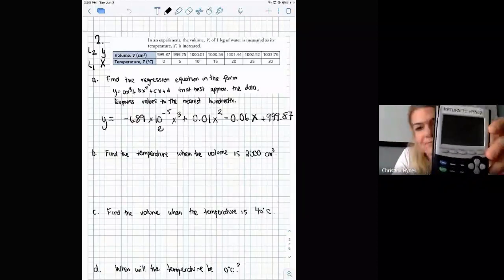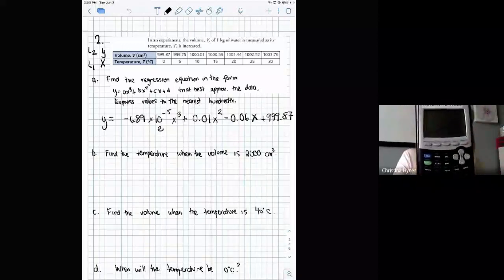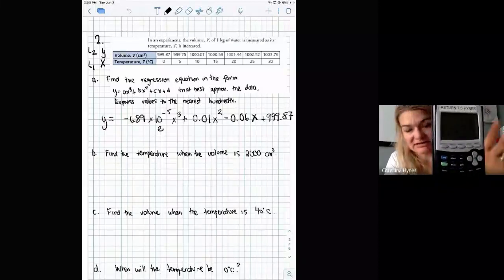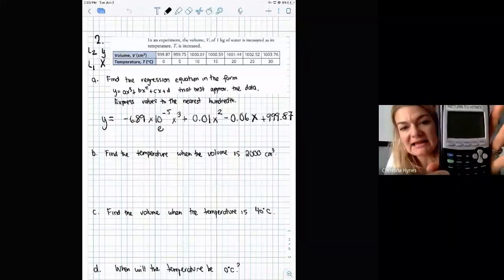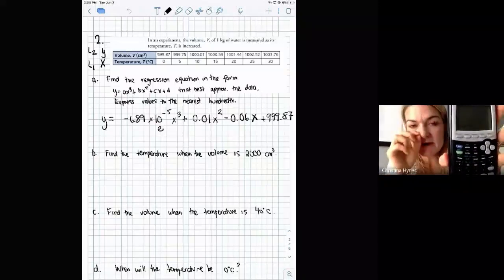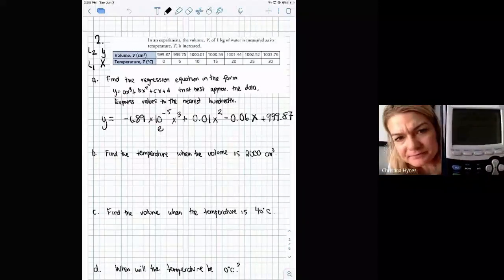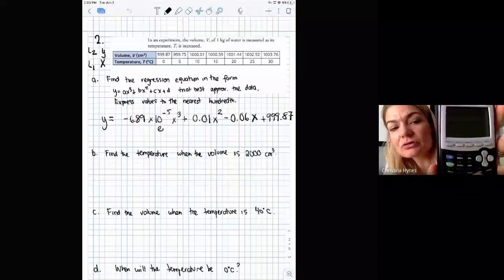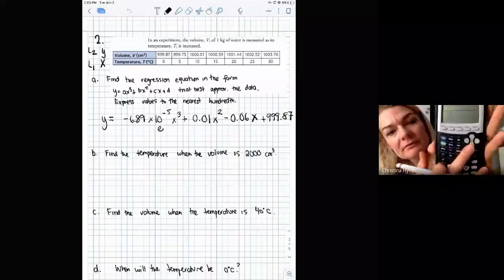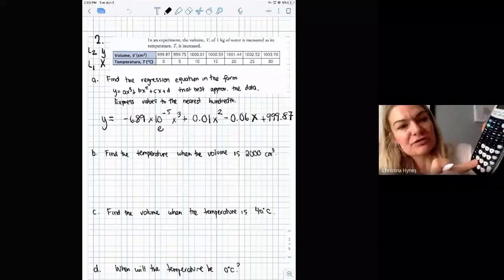Once you graph it, the next step is to find the temperature when the volume is 2000. Whenever they give you volume, remember volume is my Y value. So you're going to go to Y equals, and for Y2, you're going to put 2000.